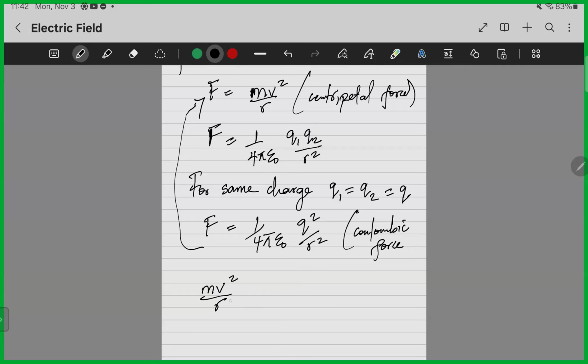Force of attraction, this, okay. All right.